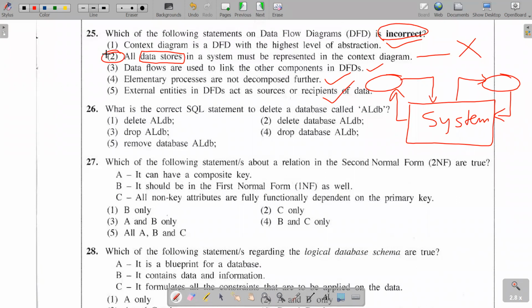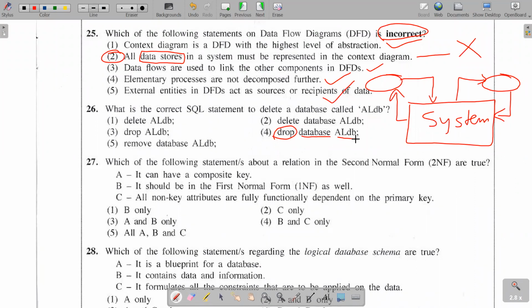26th, what is the correct SQL statement to delete a database called ALDB? It's a straightforward one. We have to use the drop keyword, drop database, then the name of the database. The delete keyword can be used to delete data inside a table, not to delete the table or a database itself.